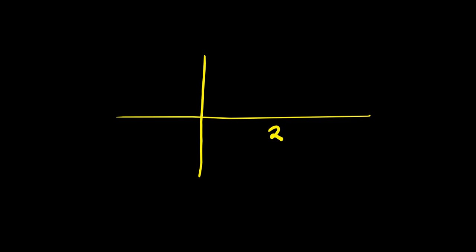Let's say this is our Cartesian plane, y-axis, x-axis. Let's say you have a point 2, and you want to approach that point, and let's say this point is 4, and our f of x is equal to x squared.